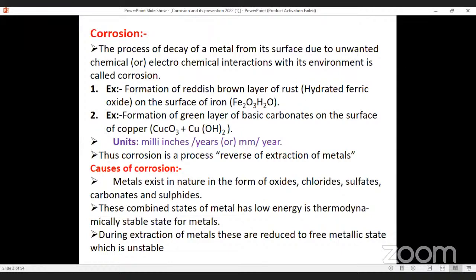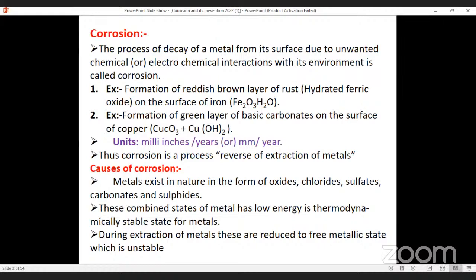The metal is available in the form of ore, meaning in the form of impurities, either chlorides, sulfates, carbonates, or nitrates. From that, we extract the pure metal. That pure metal becomes thermodynamically unstable. Therefore, the pure metal itself is involved in electrochemical reactions. By absorbing oxygen from the atmosphere, it produces iron oxide, and that process becomes the corrosion process, right?